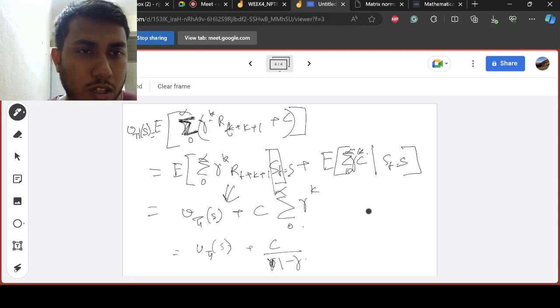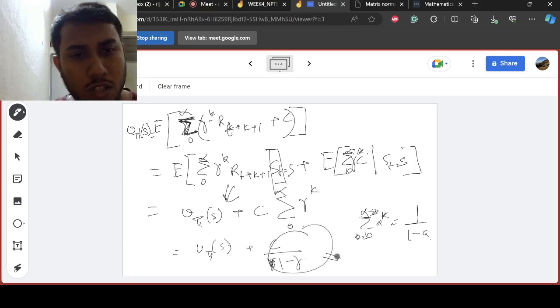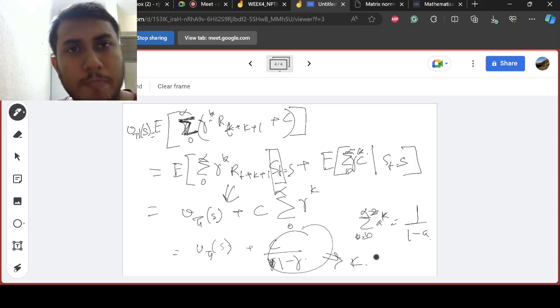Infinite series is the sum from 0 to infinity of a to the power k, which is basically 1 by 1 minus a, right? So that comes here. So this is your constant which you are getting, the k value, right?